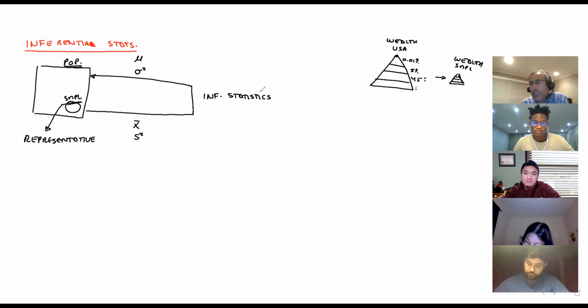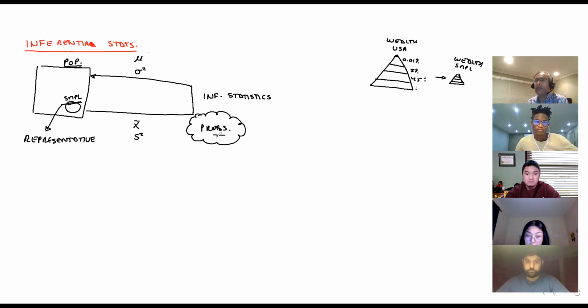It's basically that we make educated guesses based on statistics, sample statistics. We want to make educated guesses about the population parameters. Make sense? And of course, for that, one crucial ingredient is probabilities.